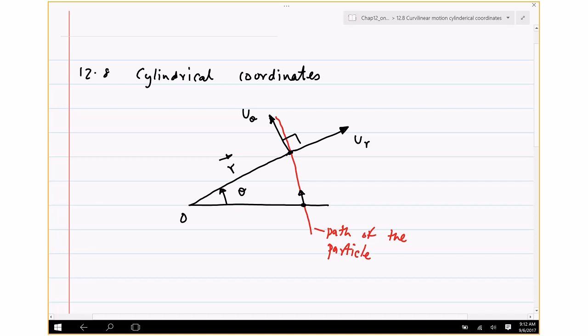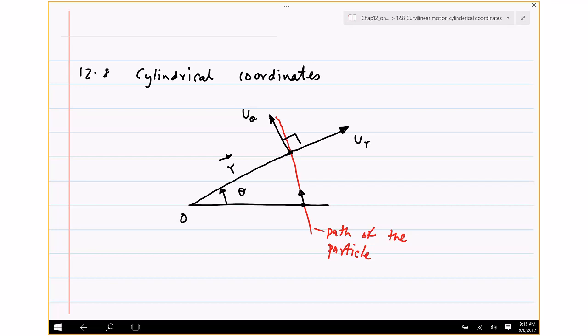When the motion of the particle is best described in polar or cylindrical coordinates r, theta, you're better off using this coordinate system, which takes a unit vector along r and a unit vector along theta. The simplest example of polar coordinates would be moving on a circle, right?